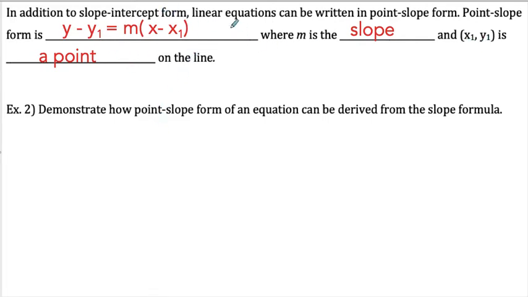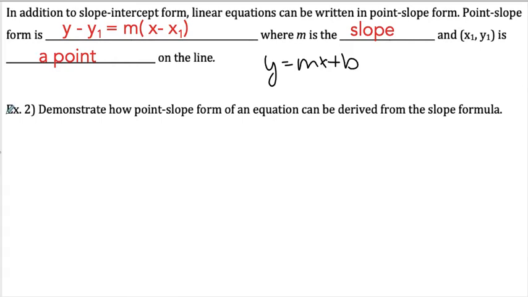So remember, slope-intercept is y equals mx plus b. Now we have point slope format as well.